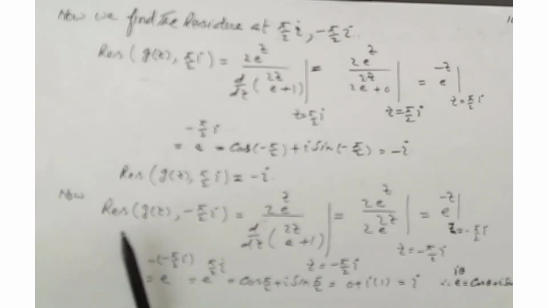Similarly, the residue of g of z at minus pi by 2 iota is again phi of a over psi of a, and the derivative of this term becomes 2e^2z. Putting z equal to minus pi by 2 iota, this becomes e^(pi by 2 iota), which is cos pi by 2 plus iota sin pi by 2, equal to iota.